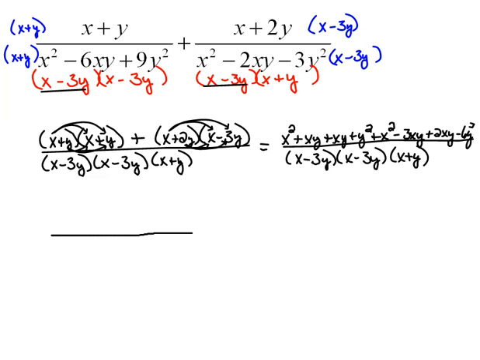Now let's see what we can clean up. So here we have an x squared and an x squared, which would make 2x squared. And for our xy's, we have 1 plus 1 would be 2, minus 3 would be minus 1, plus 2 would be a plus xy.